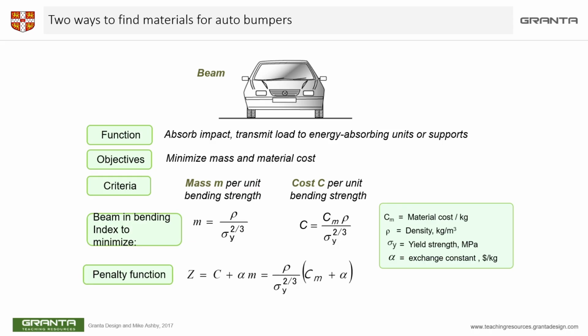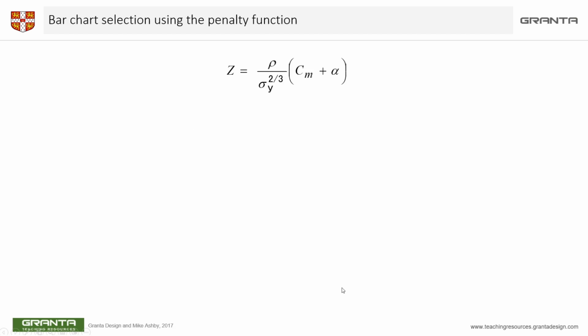Keep this in mind, it's not necessary that you take these out common, but in many cases, if the objectives have the same form, you may be able to take some of the material properties as a common factor. So now you have got rho over sigma yield raised to 2 by 3 times (Cm plus alpha). So that's defining your penalty function.